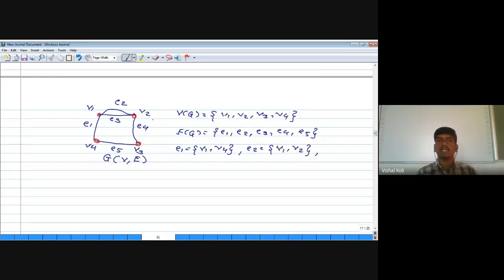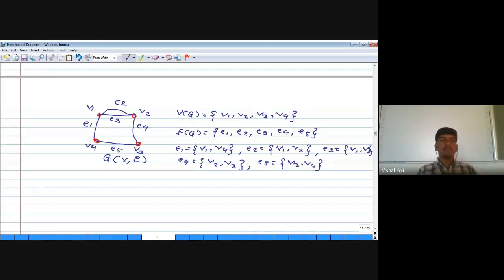Similarly, e3 is again incident on v1 and v2. Similarly, e4 is an edge which is incident on v2 and v3, and e5 is an edge which is incident on v3 and v4.